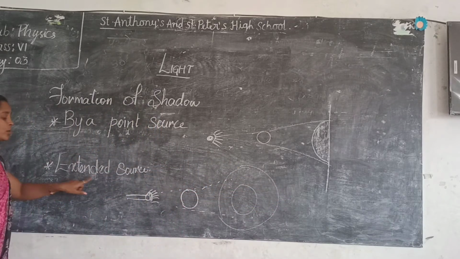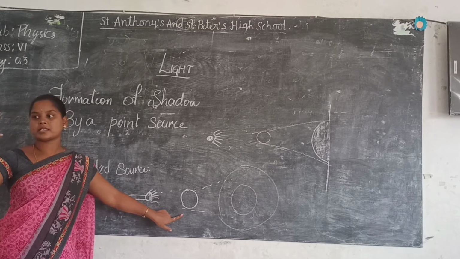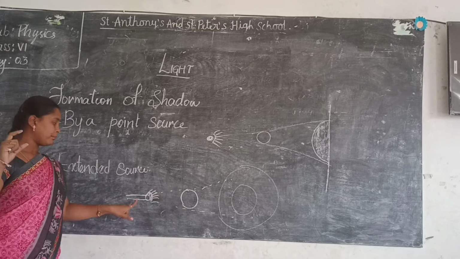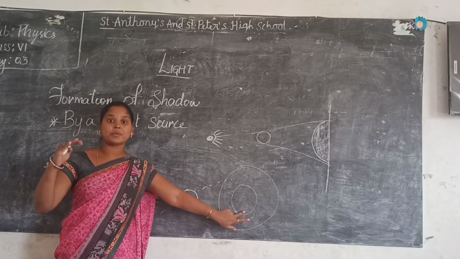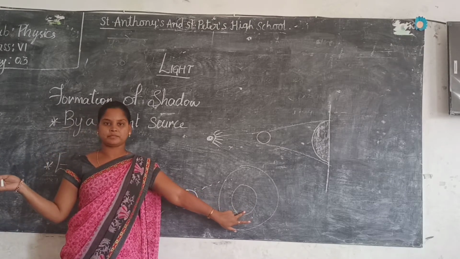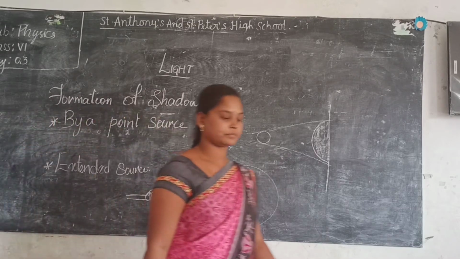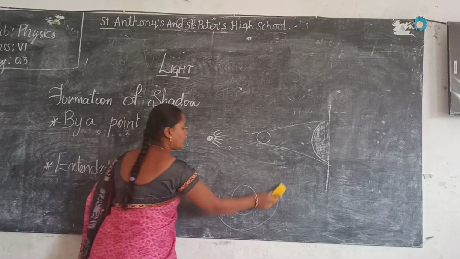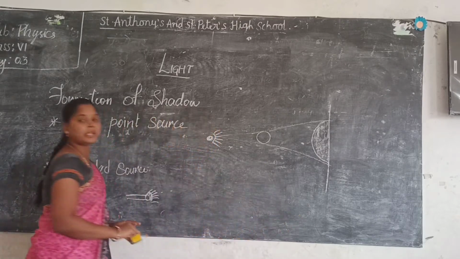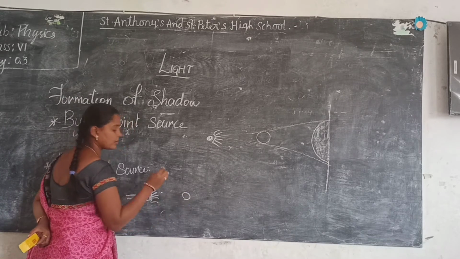If there is an extended source of light and the object is bigger than the light, then the shadow will be big. That is, the umbra region will be big. But if the ball is small, what happens? Shadow will be small. And only a small umbra region is formed. This is light, this is a ball.